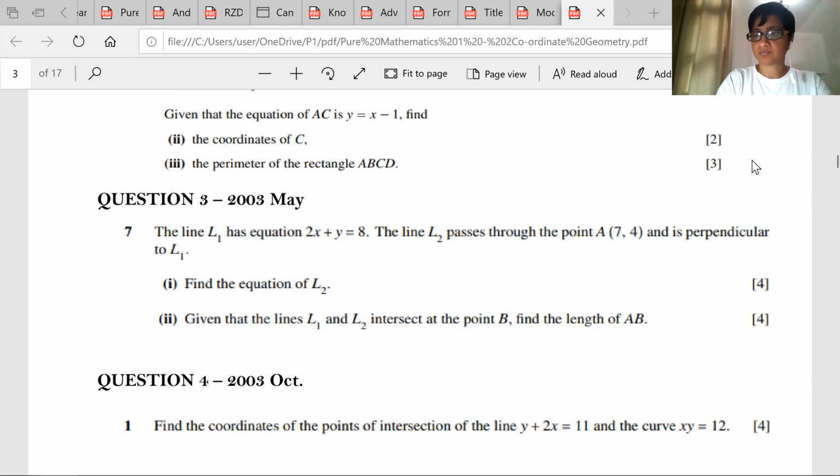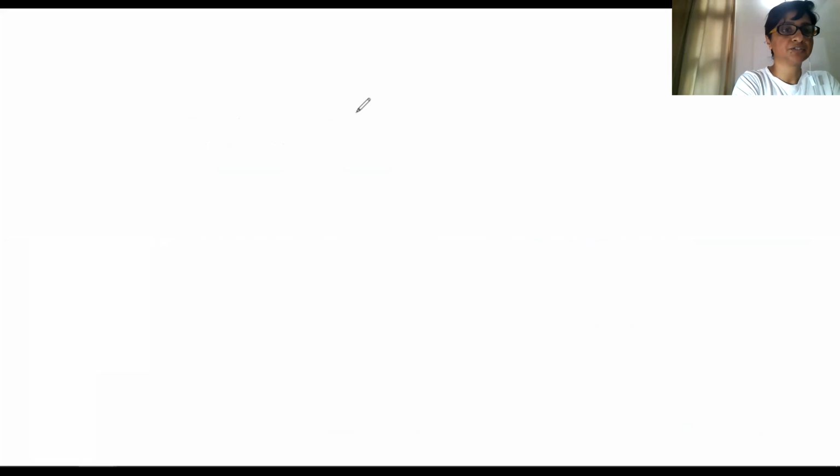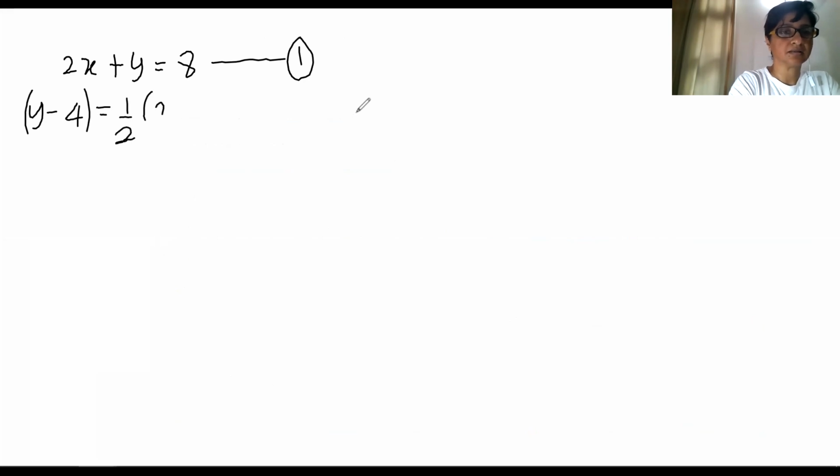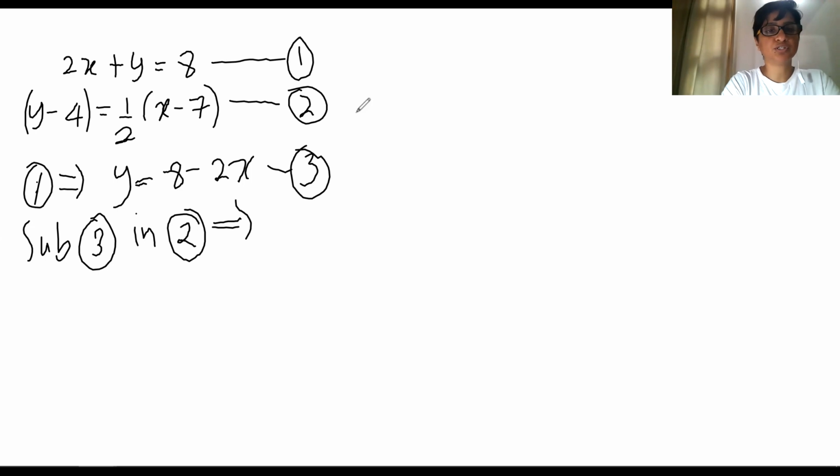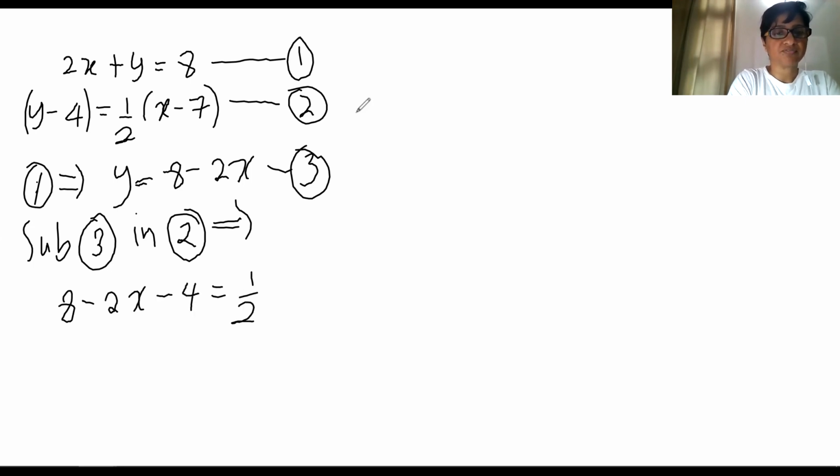Let me just, okay, if I just quickly show you, to find the coordinates of B, the intersecting point of this and this, you can make y the subject from 1, 8 minus 2x, then sub 3 in 2, you get 8 minus 2x minus 4 is equal to half x minus 7 minus 4. 8 minus 4, this is 4 minus 2x equals half x minus 7.